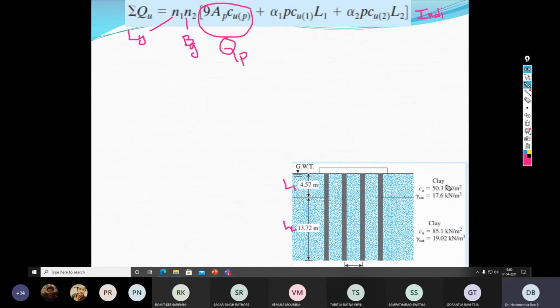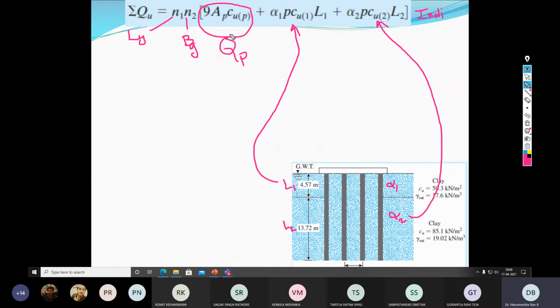Since the cohesion of strata 1 is 50.3 and of strata 2 is 85.1, one can assume different values of alpha: alpha 1 for layer 1 and alpha 2 for layer 2. The first term corresponds to the skin friction of layer 1 and the second term corresponds to the skin friction of layer 2.